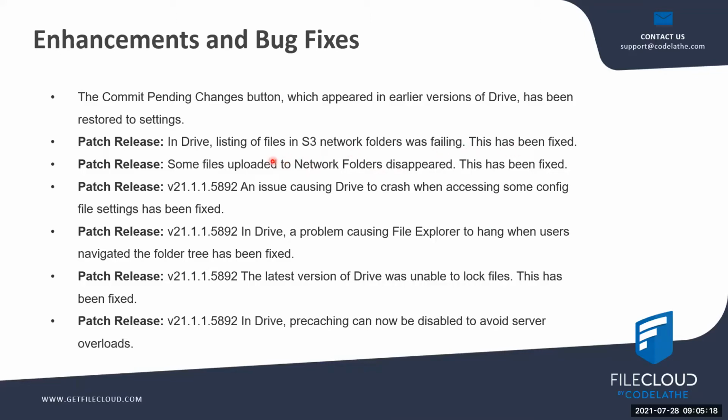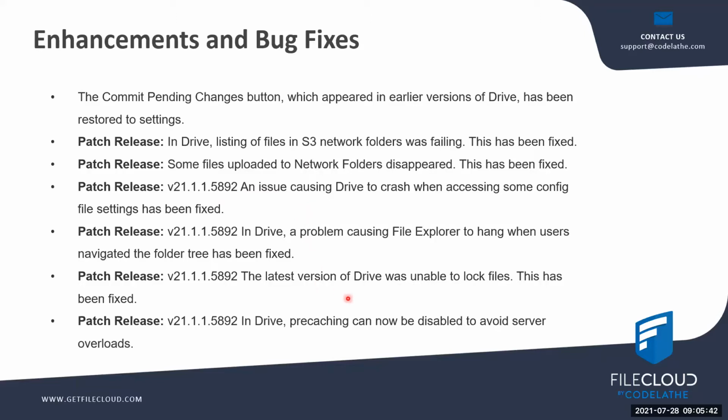We've got listings for the S3 network folders was failing. This was already fixed. We've got some issues with uploads on the network folder that's disappearing. This has been fixed in the latest version. The drive crash, as well as the file explorer hangs, have been fixed as well.